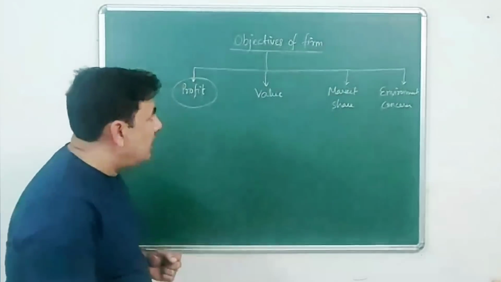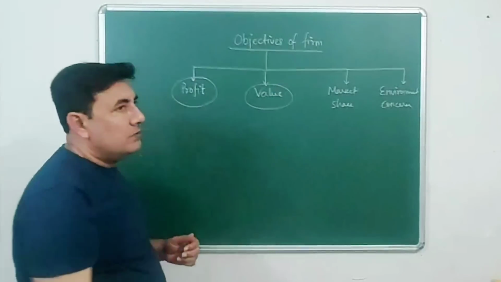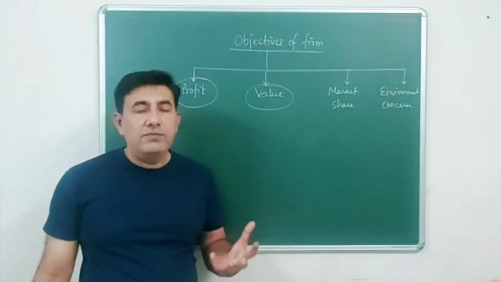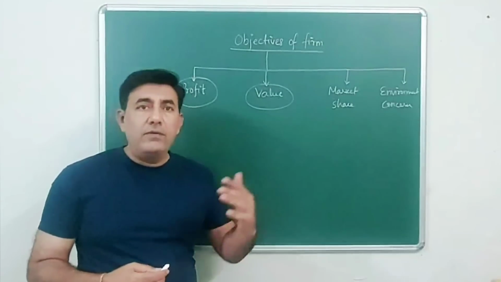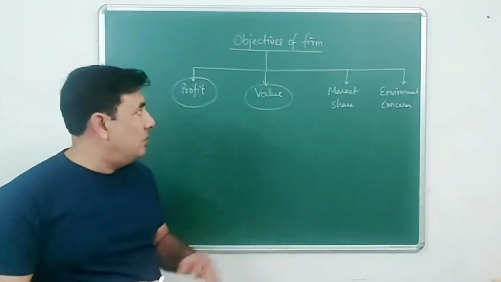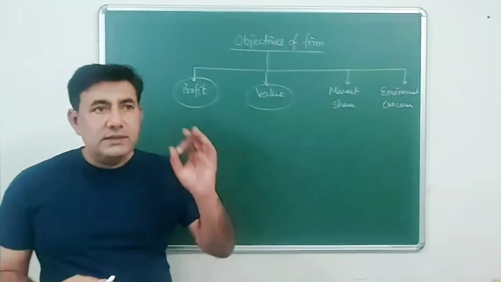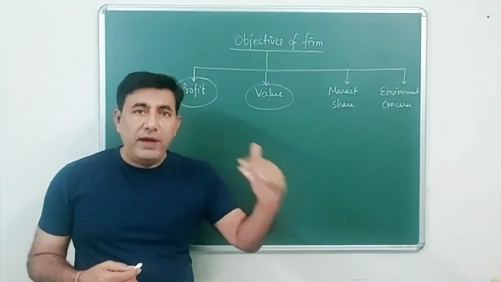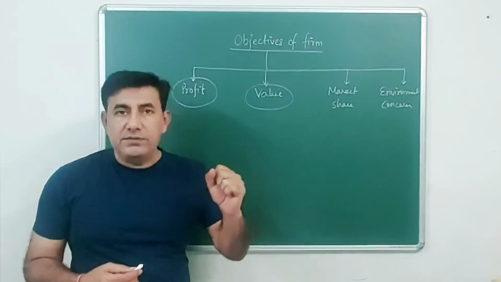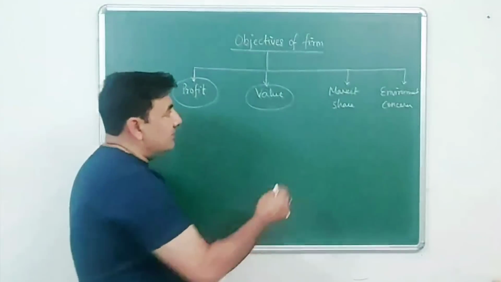It's very simple. The second one is value, like to create value of its product and services, so that the customer can buy again and again of that particular product. So a firm should always have an objective of creating or adding more values to its goods and services. The next one is market share.